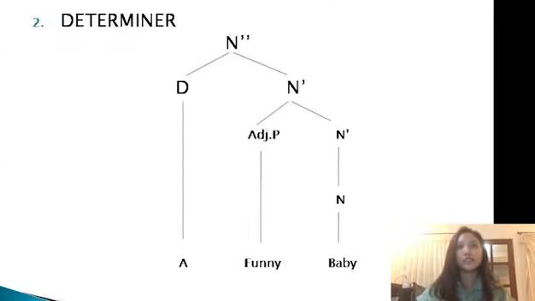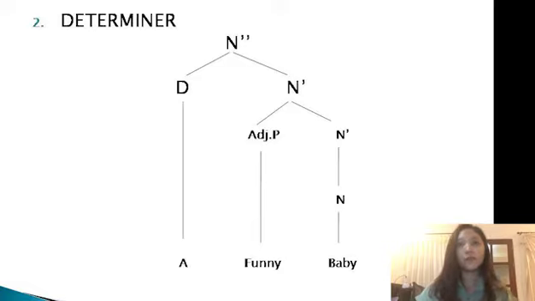For the second example, determiner. The example of determiner is a funny baby. In that tree diagram, there is an N double bar that branches into two parts. There is D as a determiner, and N bar branches into two parts: the first is adjective phrase and N bar. So the determiner is a.